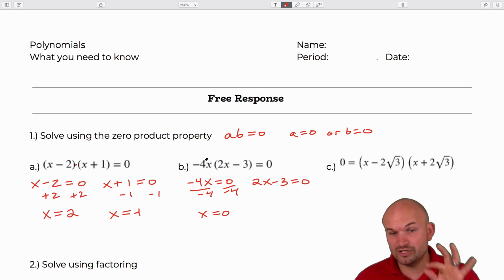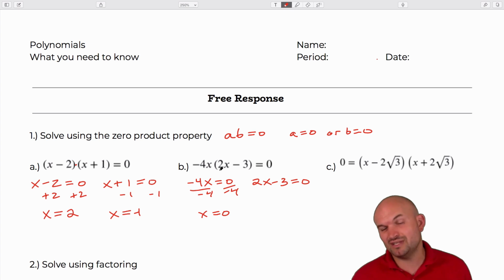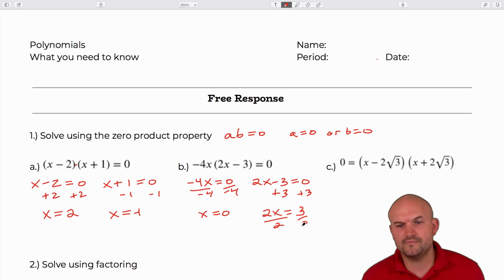So that's something important to notice: the multiple out there is really not going to be affecting your answer at all. And then in this one, you're just going to add 3, and then we'll have 2x is equal to 3, and then you'll divide by 2. So therefore, x is equal to 3/2.